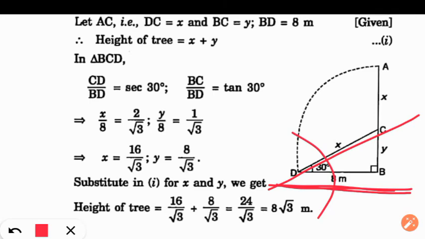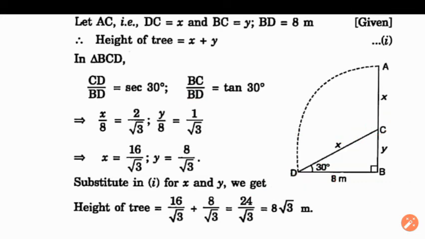So, sec 30 degree will be hypotenuse divided by base, so CD by BD, and the value of sec 30 degree is 2 by root 3. So, with the help of this equation, x is 16 by root 3.